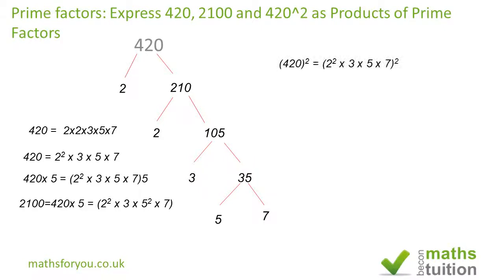Now, moving on. We want to find 420 squared. So, we know that 420 is 2 squared times 3 times 5 times 7.